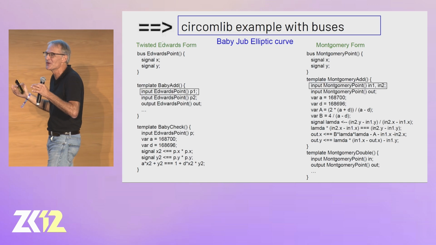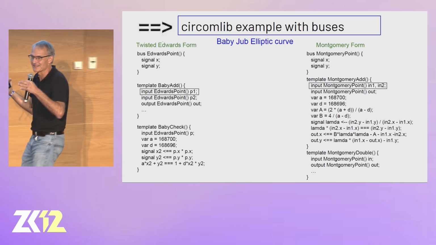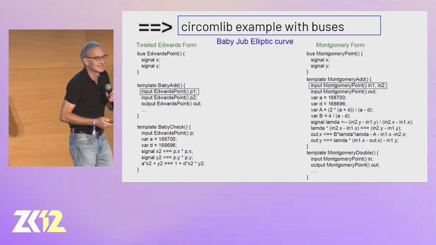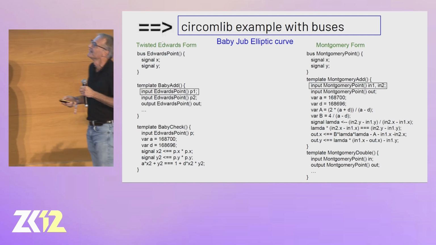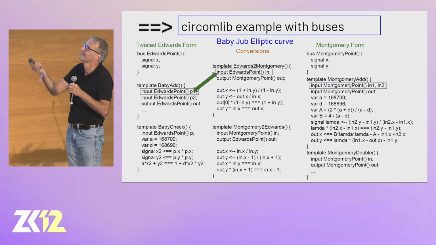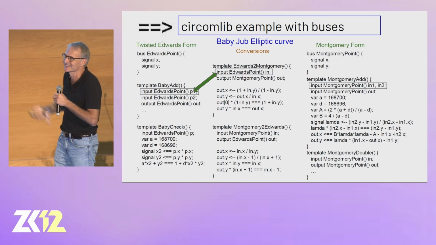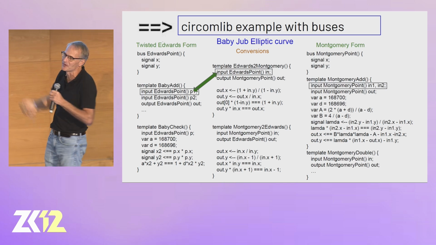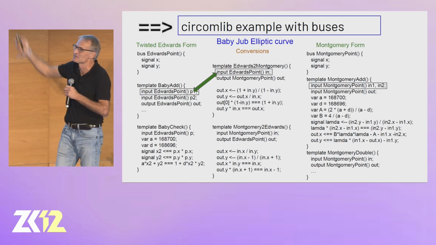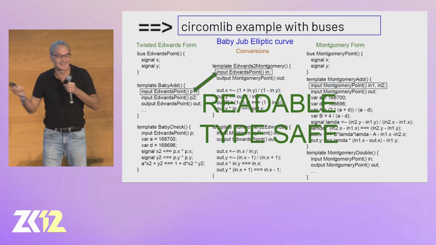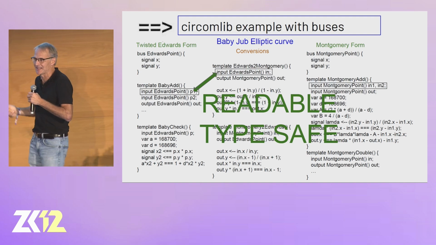You will never mix both, because you cannot pass one type to the other; the compiler would say type error. Now look, it matches perfectly: you get a converter that takes an Edwards point and produces a Montgomery point, and the same in reverse. Now it's readable, and thanks to the type check, you have type safety.